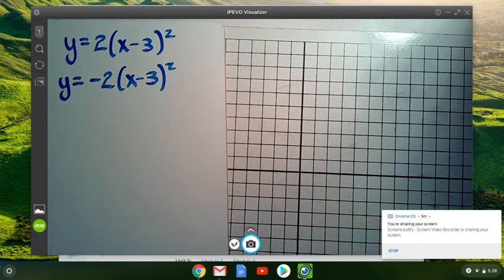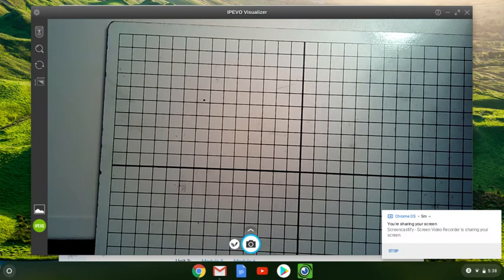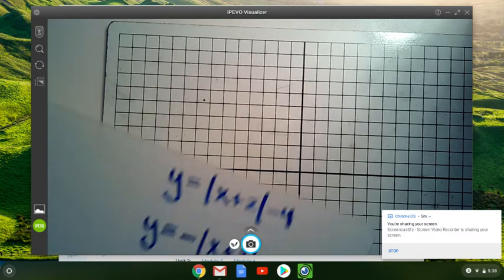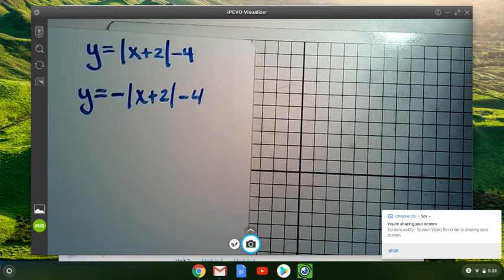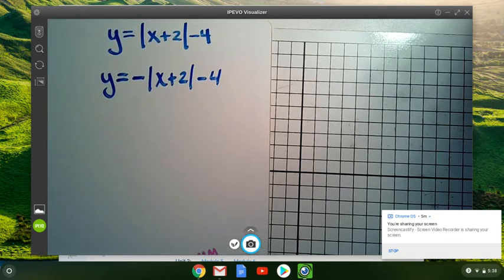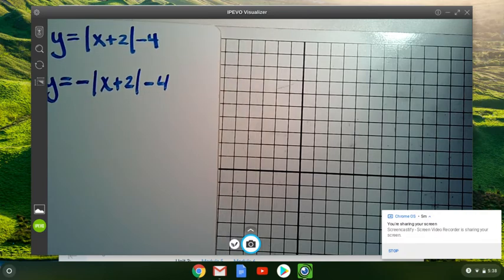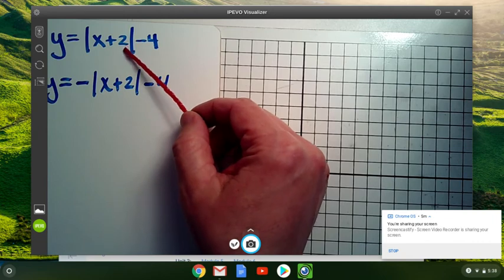Let's go to an absolute value function. Let's look at this one and see what it looks like on the graph. We've got a shift going on here again. Now let's think of the vertex. The vertex was moved over to the left 2 and down 4.